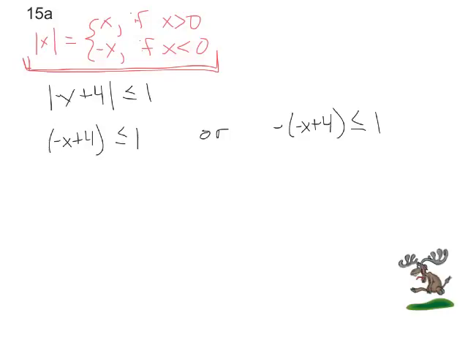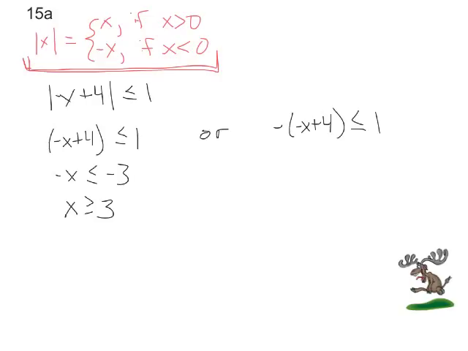If we go about solving this out, we're going to subtract 4 from the left-hand side and the right-hand side, and then we'll multiply the negative through, and remember, when multiplying by a negative, the inequality turns.